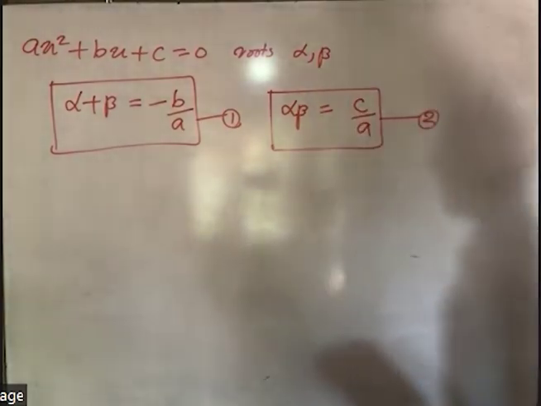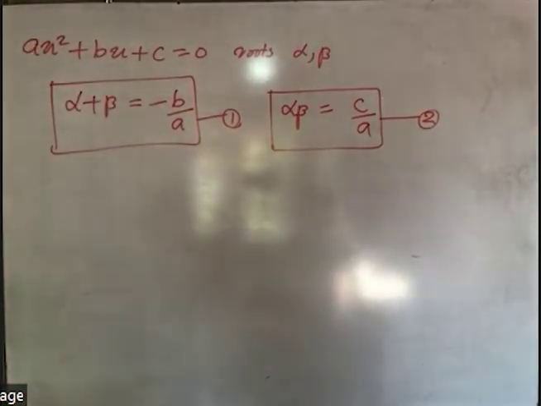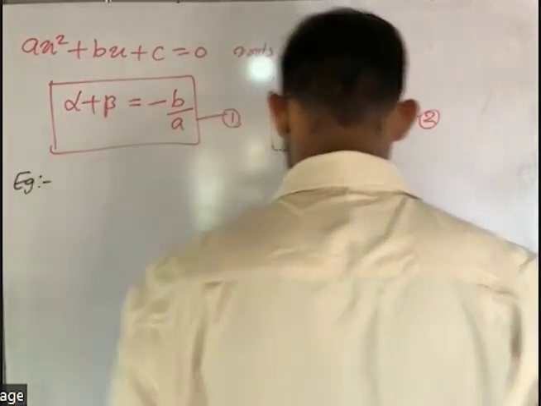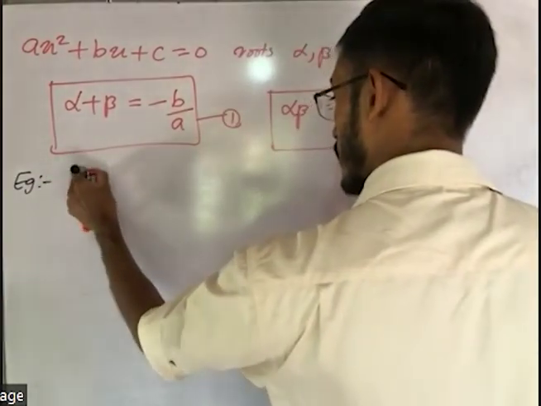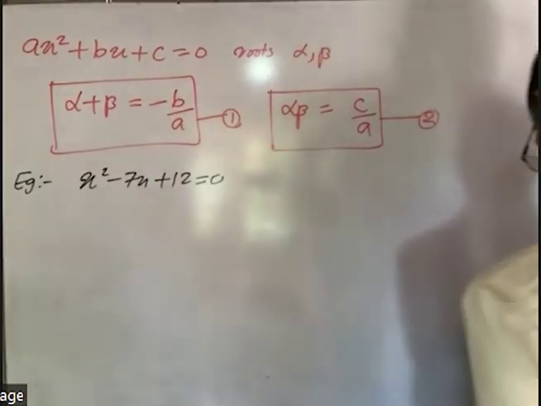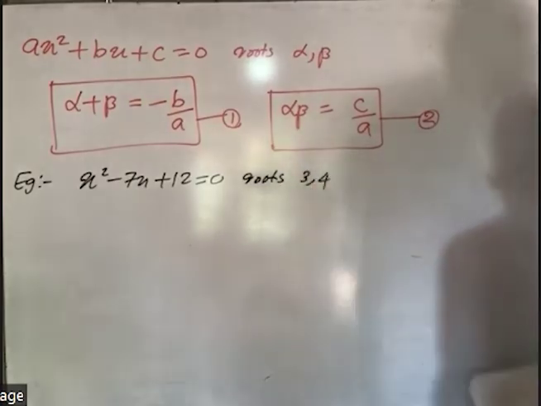Okay, now we can find out if this result is correct or not. So let's take an example. Here x square minus 7x plus 12 equal to 0. Here the roots are 3, 4.